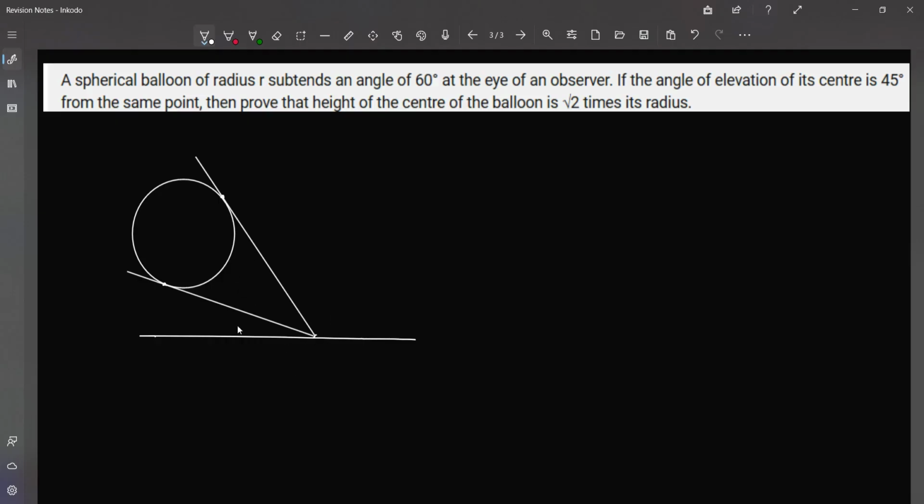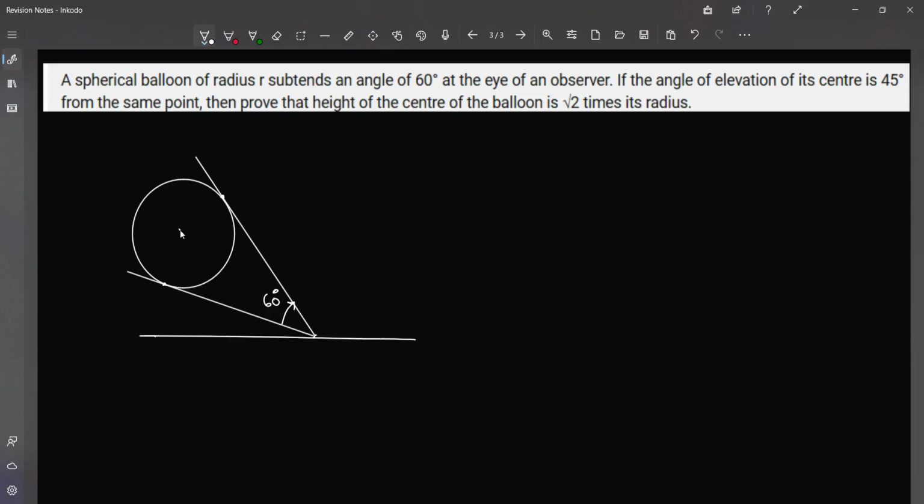The line of eyesight will be the tangential line to the circle. There are two tangential lines, and we usually consider the angle of elevation to be from the ground level in other cases, but in this question, it is not really the angle of elevation. It is actually the angle of 60 degrees, which is formed between the two lines of eyesight. So that will be 60 degrees.